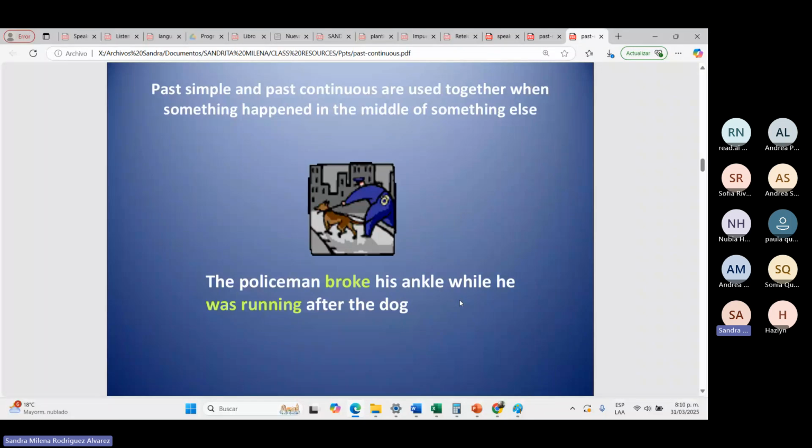It means that while he was performing an action, running after the dog, the action was interrupted because he broke his ankle. Okay?